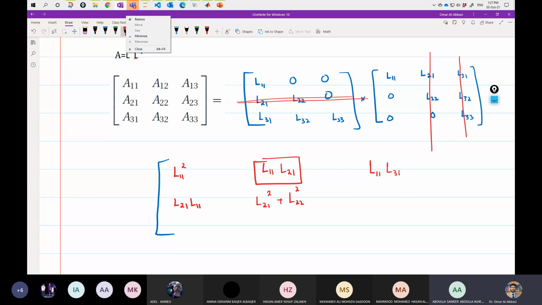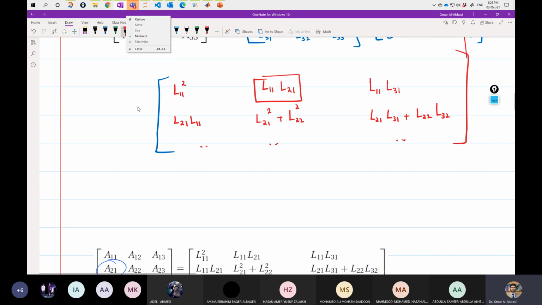All right. Yes. And the third one, L21 times L31 plus L22 times L32. Okay, that's it. I assume you can continue the last row because I will do it later on.